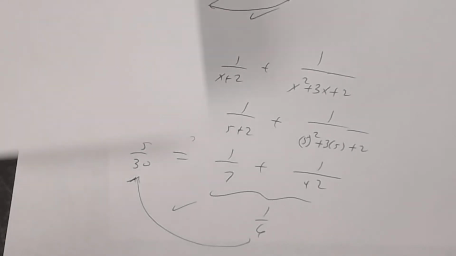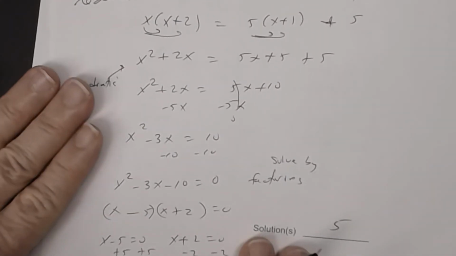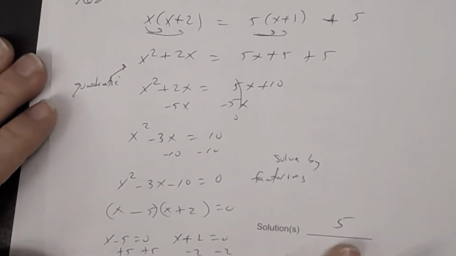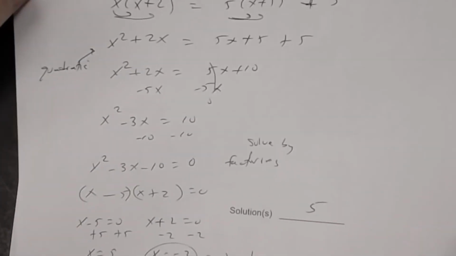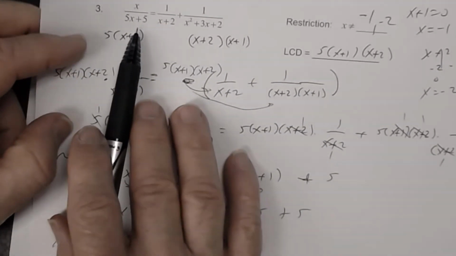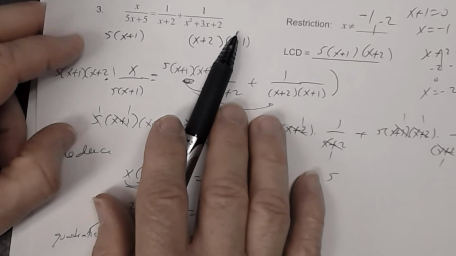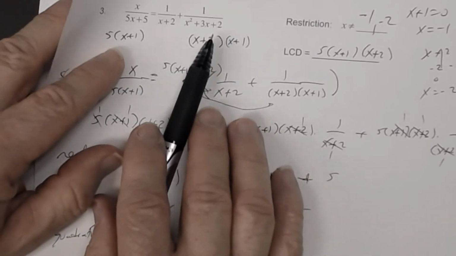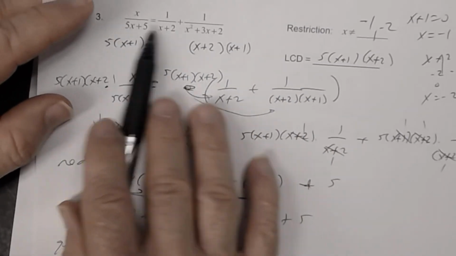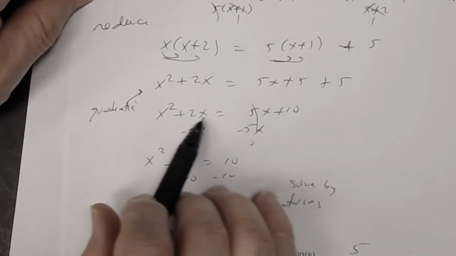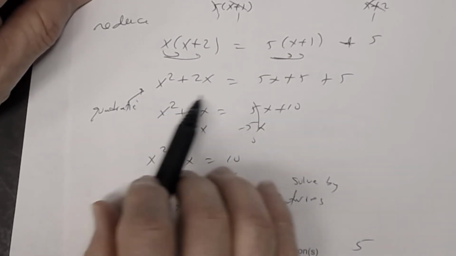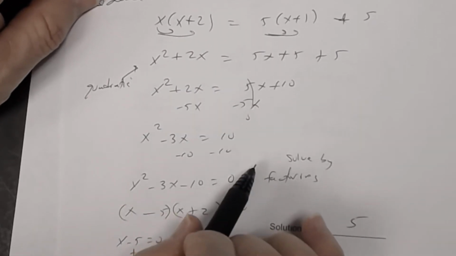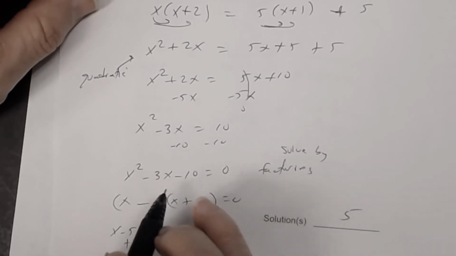All right, so number 3 was complicated. The only reason why number 3 was more complicated than the other two was because you went from a rational equation, and the fact that you had to factor the denominators. But still, you went from a rational equation to what kind of equation at this point? Quadratic. And so to solve this quadratic equation, remember the only thing you know at this point is to solve by factoring.